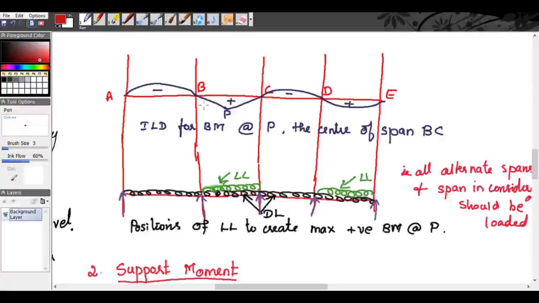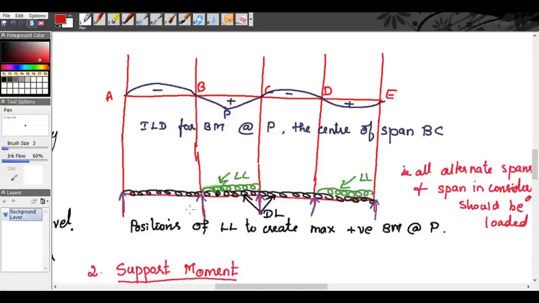But live load, when we are considering the influence line concept, that is the moving load concept, what happens when considering the maximum bending moment in BC? There should be live load in BC. This is the condition for maximum positive bending moment at P in the span BC.